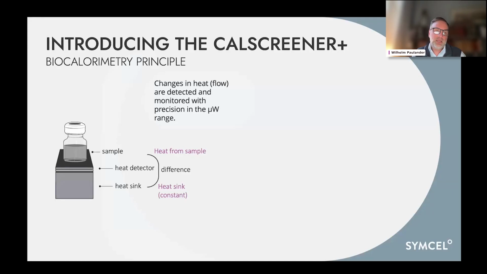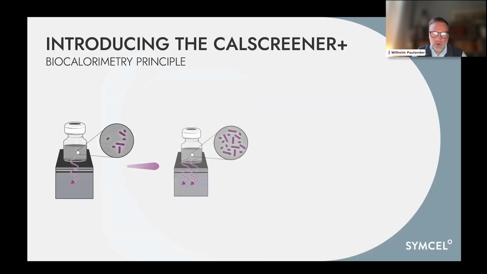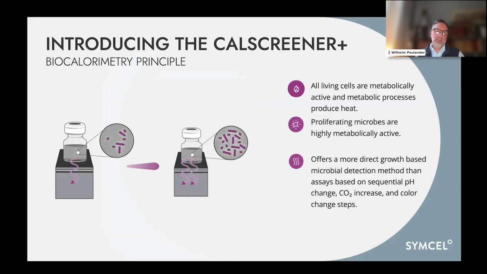We do this by measuring the temperature in the heat detector and then having a heat sink that carries away the heat generated from the sample, so we can measure in real time what's produced in the sample. Over time, microorganisms multiply and generate more heat.